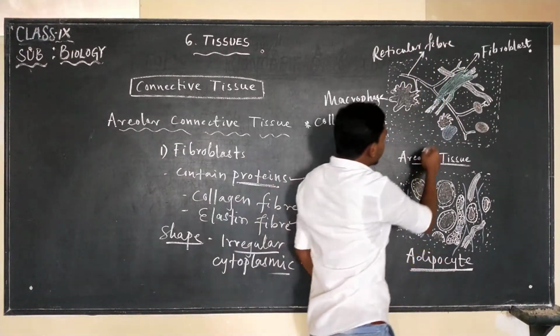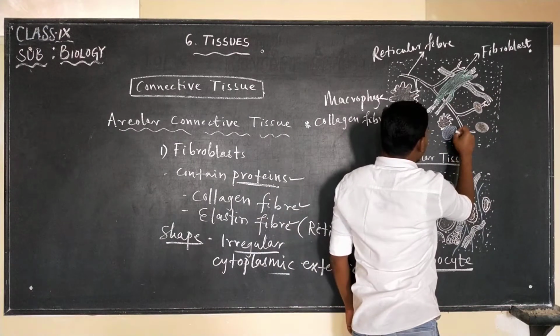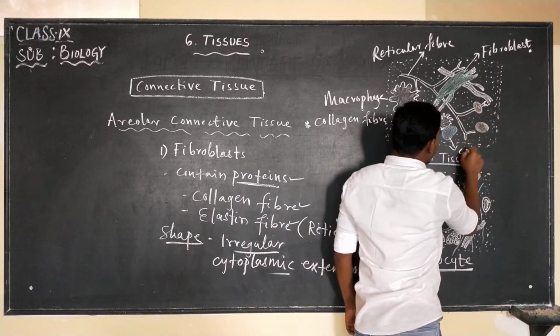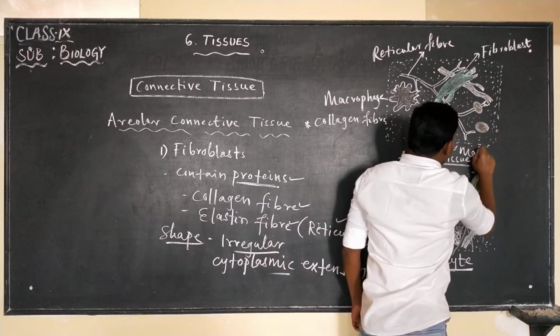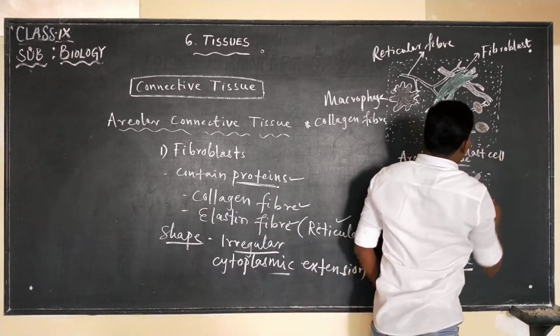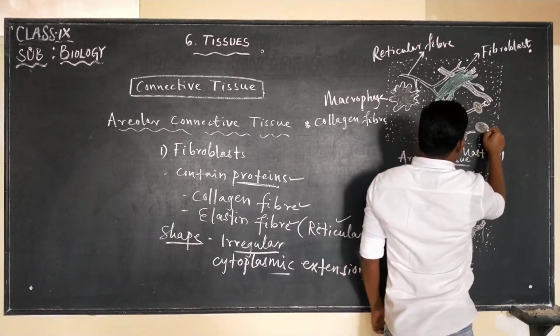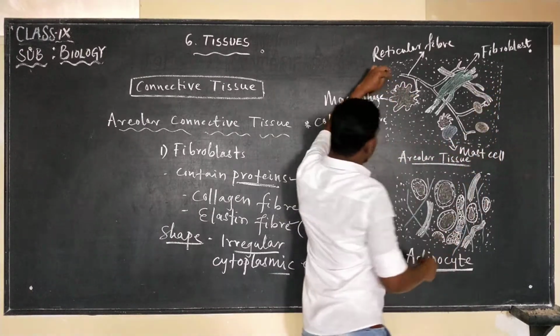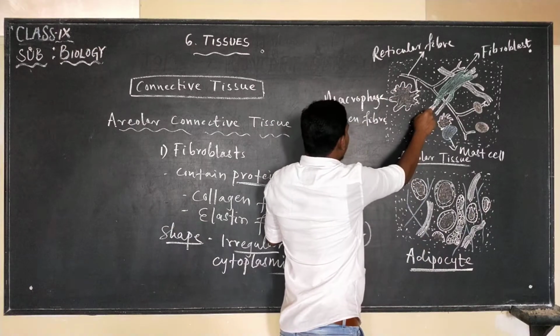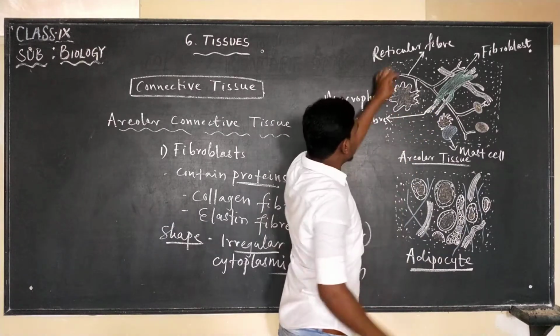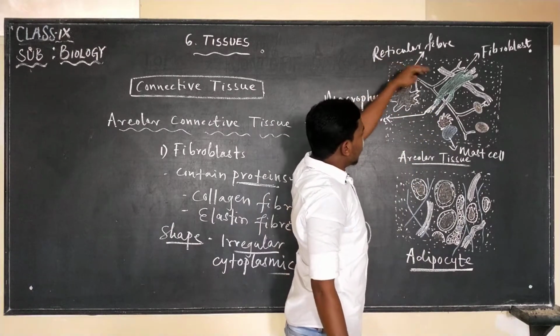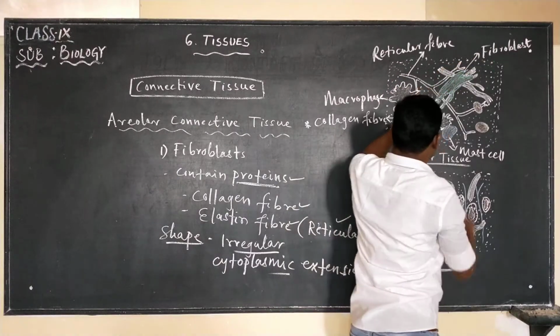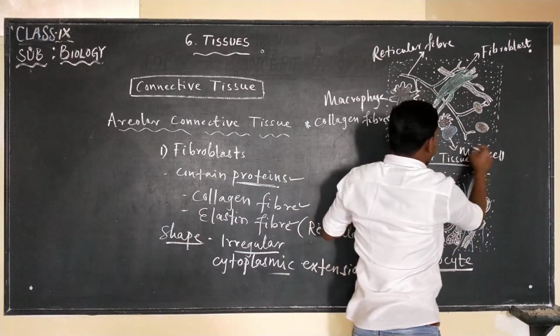This is the mast cell. These are collagen, this is reticular, this is fibroblast, and this is mast cell.